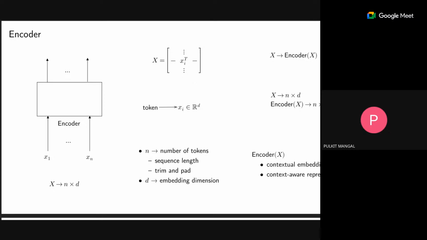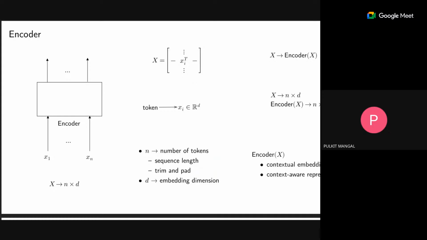So starting with the encoder part of the attention in the transformer architecture, first we have to define some notations. How we define our data matrix X: it is of shape n cross d. N here refers to the number of tokens or the sequence length that you have after trimming and padding.